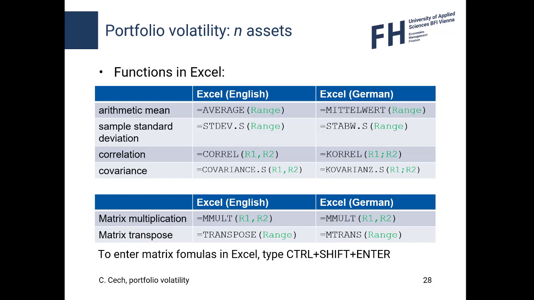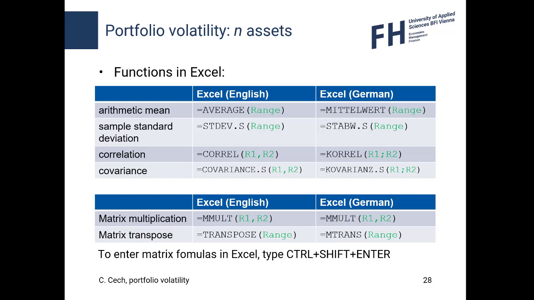If you use a language setting that is German, then you have to use different names for the functions in Microsoft Excel. The German version functions are displayed here. In Microsoft Excel, it's also possible to do matrix algebra.